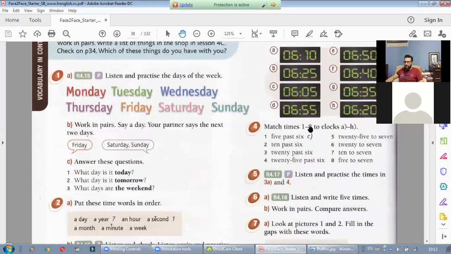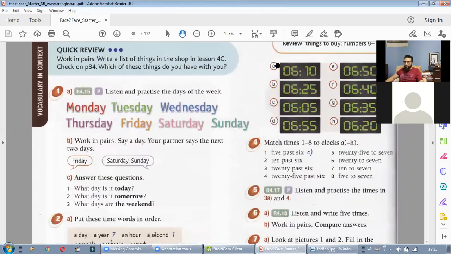It's the same thing, we want to do matching for the time. This time it gave us digital and we have to say the time using past and using to. Okay, so let's start with number 1, 5 past 6, which is C. This is 5 past 6.